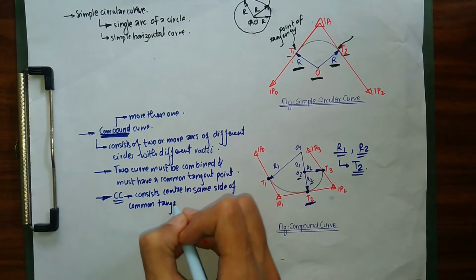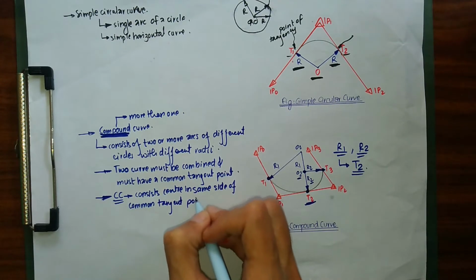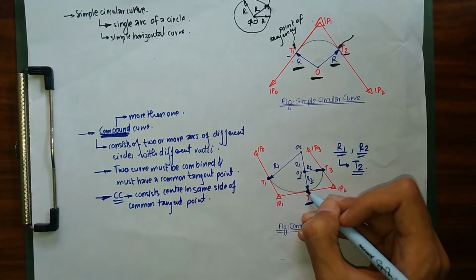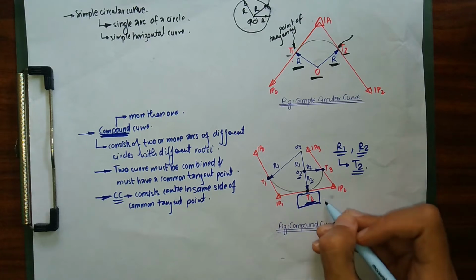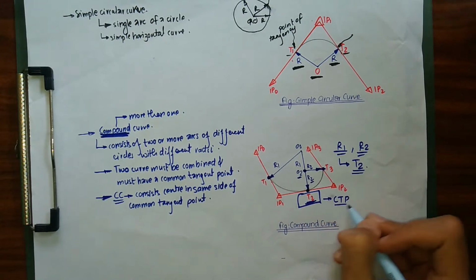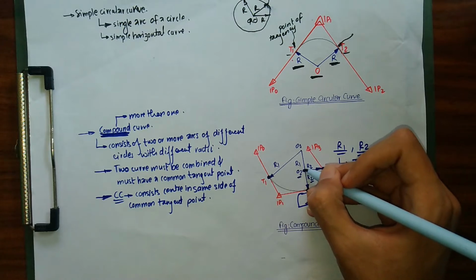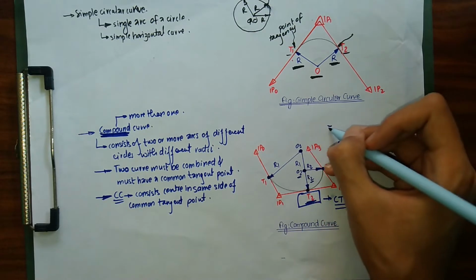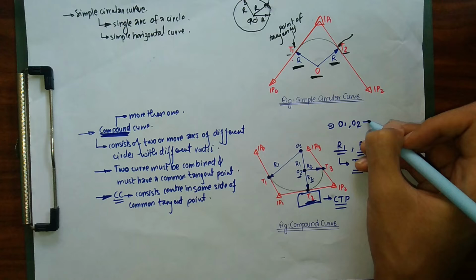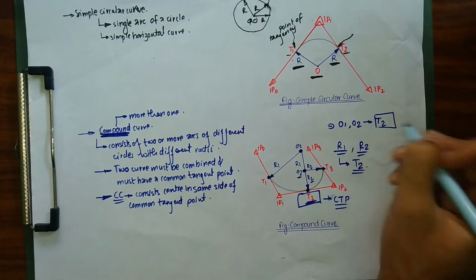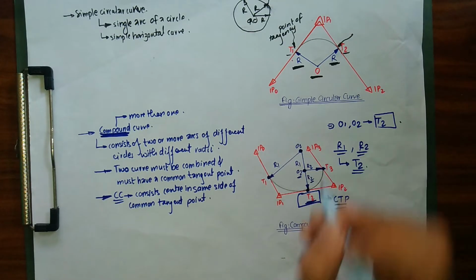As you can see here in the figure, this is our common tangent point, CTP, and on the same side of it we have both the centers O1 and O2. They lie on the same side of our common tangent point T2.